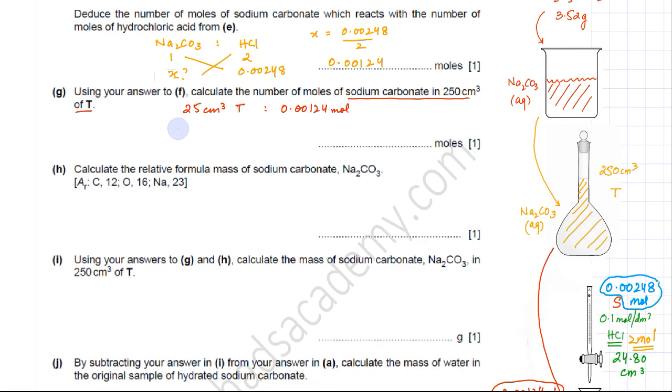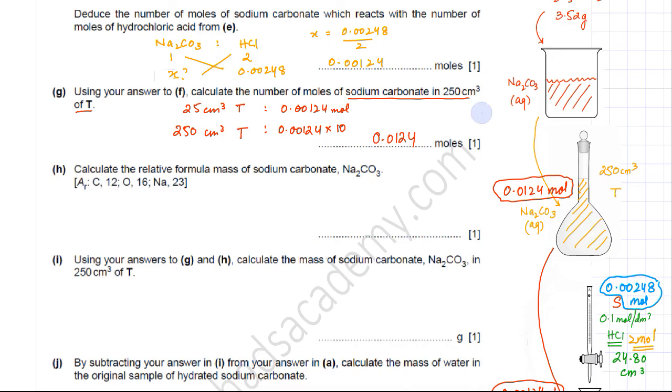So the original sample, which was 250 cm cube T, since the volume is 10 times, the number of moles would also be 10 times. So it's going to be 0.00124 multiplied by 10, and the answer would be 0.0124 moles of sodium carbonate. Let's highlight that as well. That is the amount of moles in this flask over here.